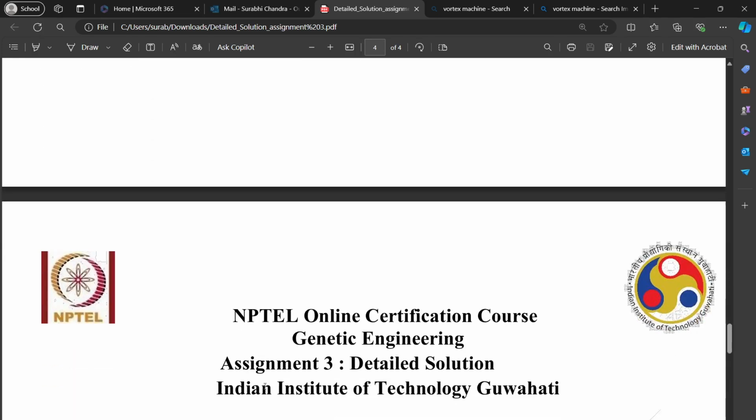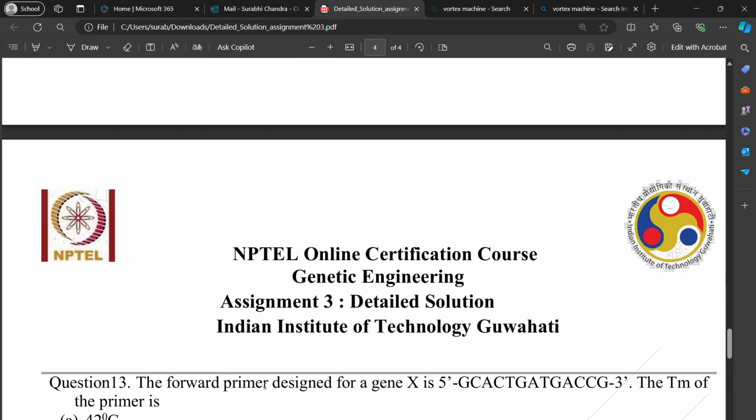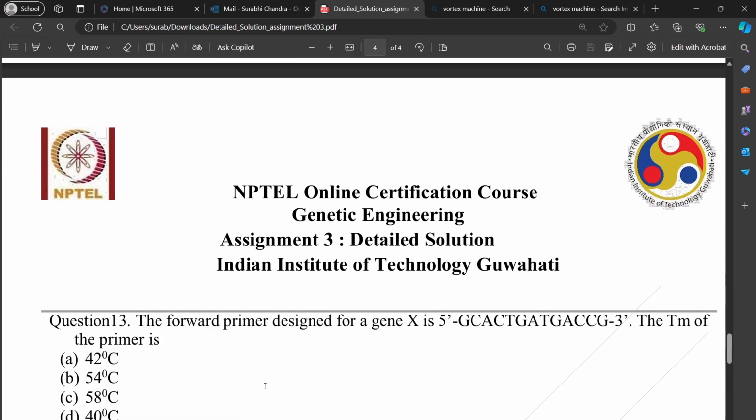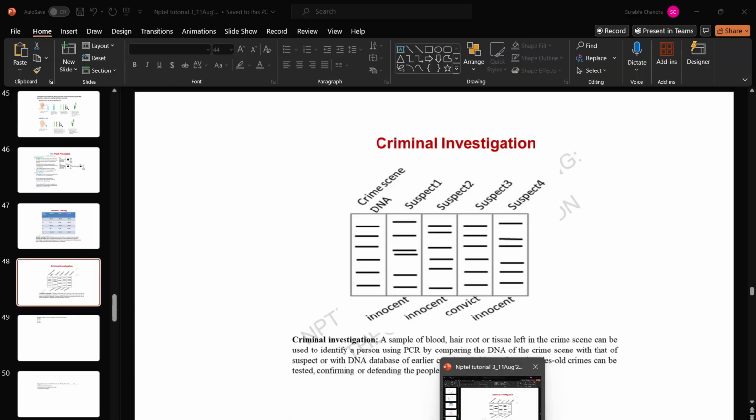I think three more questions. Actually, I have exceeded the time. Sorry for that. The forward primer designed for a gene is this. The Tm of the primer is, so this will be the formula that you have to use.